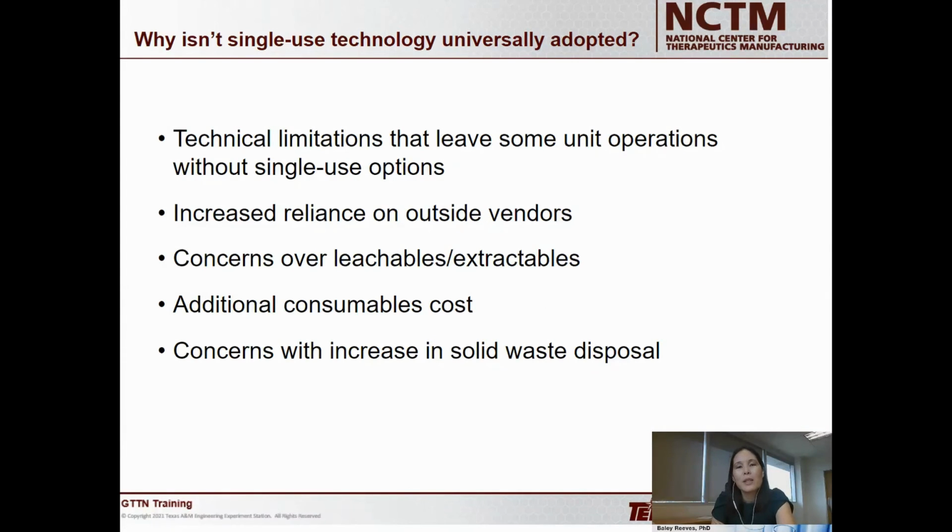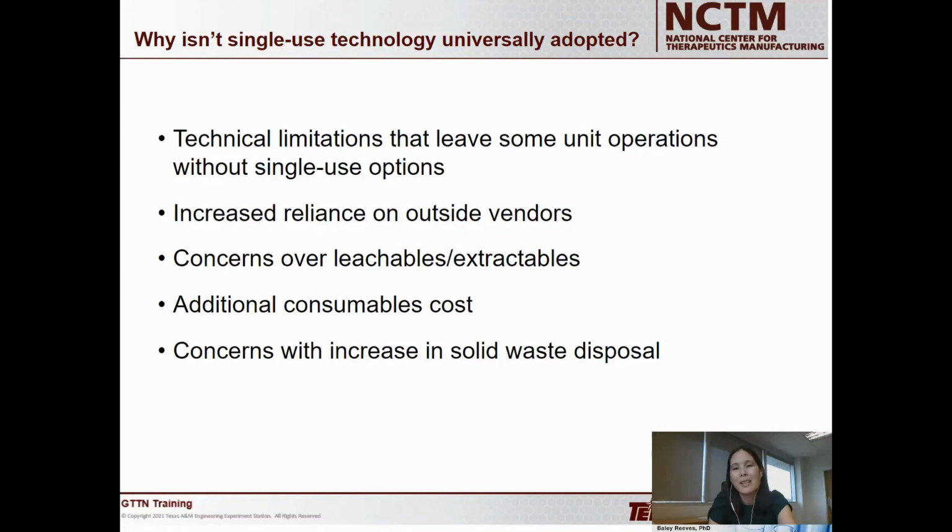Some of the reasons why single-use technology is still being implemented in certain areas: some of the unit operations, for example homogenization, don't have single-use options. And so not all of the unit operations as of right now are going to have single-use options.